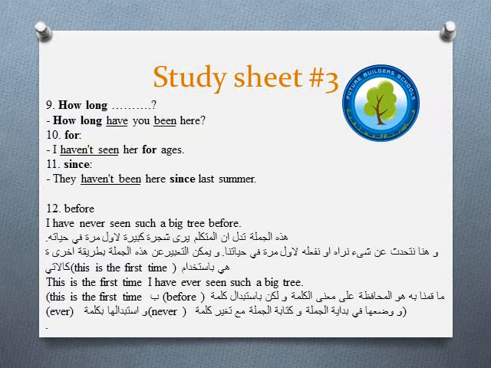Number 9, how long. We use how long to know the duration of time or the period of time. نستخدمه لمعرفة المدة الزمنية التي بقي فيها الفعل مستمر أو متى بدأ الفعل. We use the question word how long, and I use it with the sentences that have since and for in it.